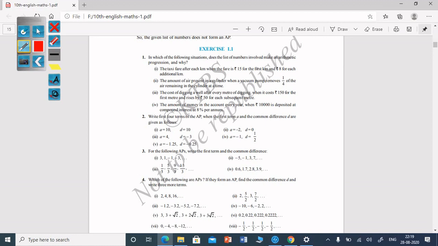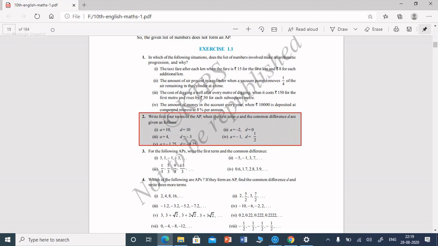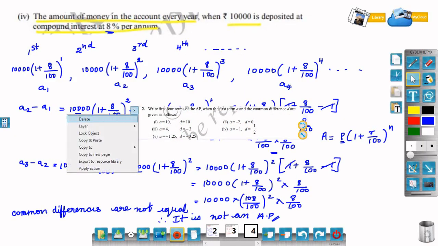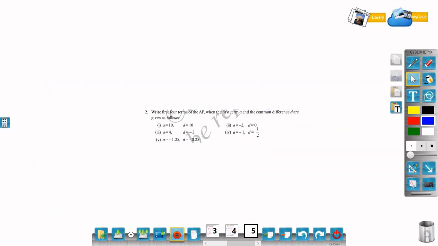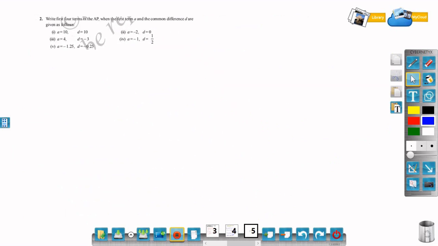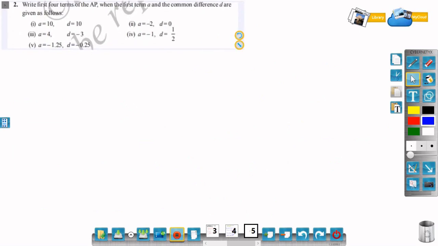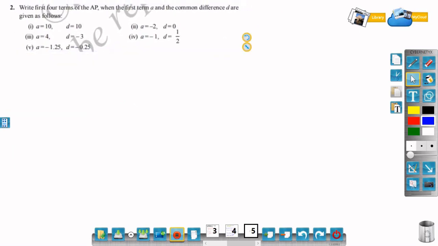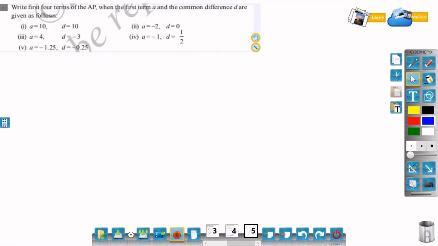I will solve any one out of these 5 and you have to solve the remaining by yourself. I will solve the fourth one.